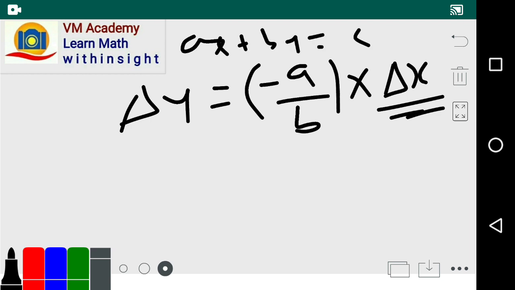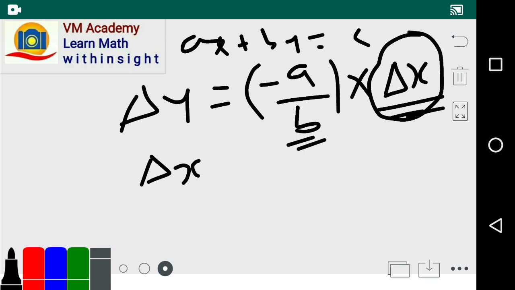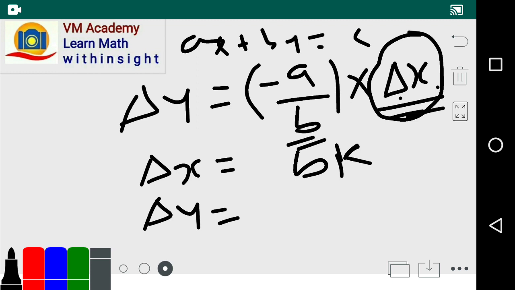So for an integer solution, delta x should be a multiple of b, friends. So let delta x be a multiple of b, that is bk. Then substituting delta x equal to bk, we get delta y equal to minus ak.